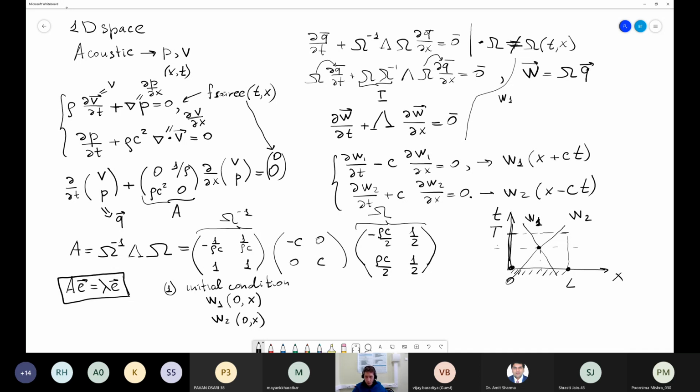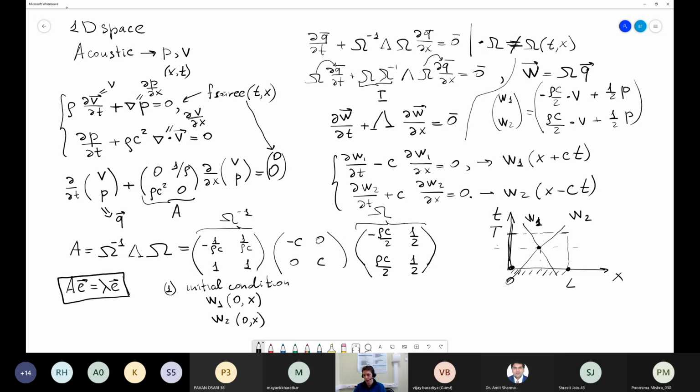W1, W2 is equal to omega multiplied by Q. Omega is here, minus rho c divided by 2, and rho c divided by 2, multiplied by the first argument of Q, which is V, plus 1/2 of the P. So if you set V and P at the initial time moment, you can calculate explicitly the values of W1 and W2.